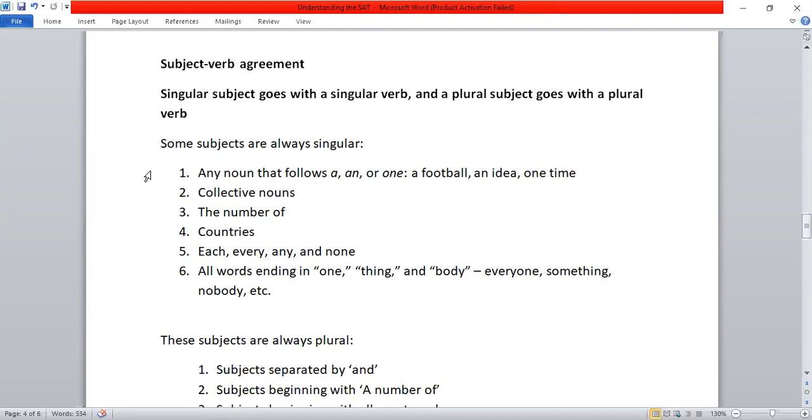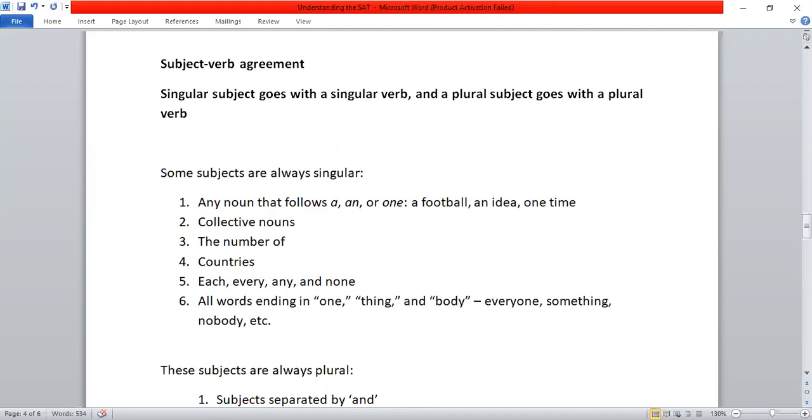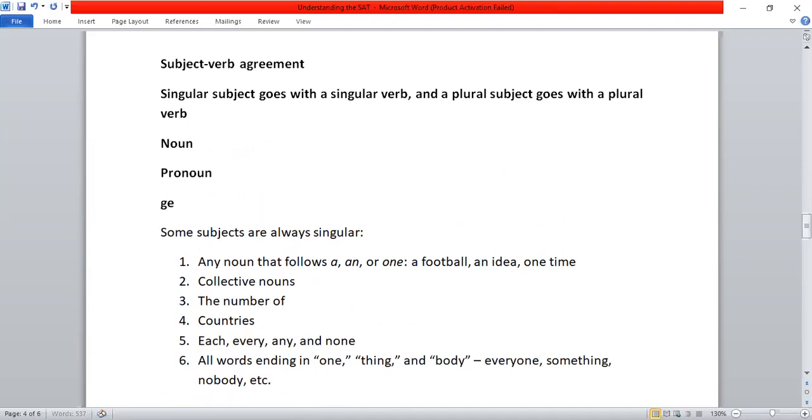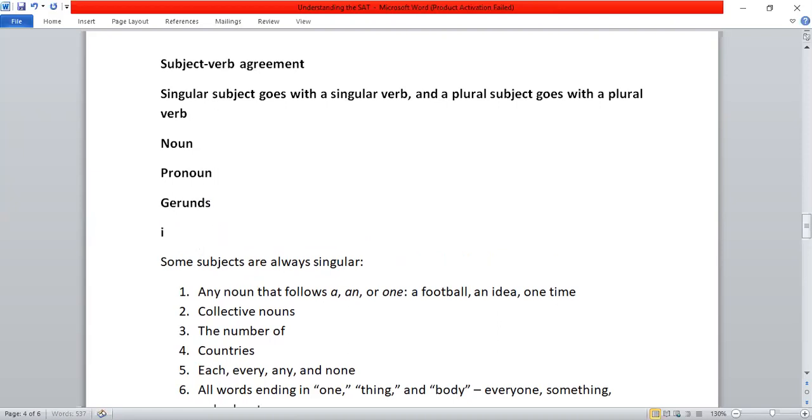Any name, place, animal, thing can be your subject. Also, pronouns can be your subject. So some common subjects would be noun, pronoun, and some uncommon subjects, gerunds, infinitives.